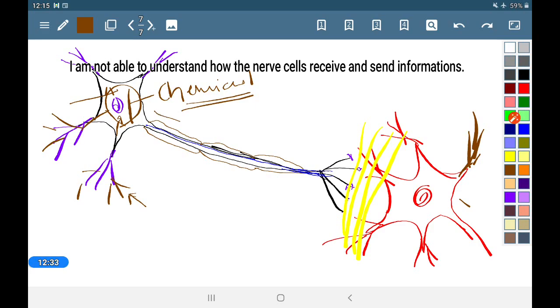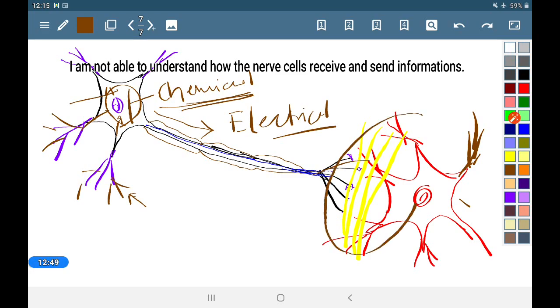After that, when they send it, they change this chemical into electrical form, and when it reaches another nerve area, there is a junction, the synapse.